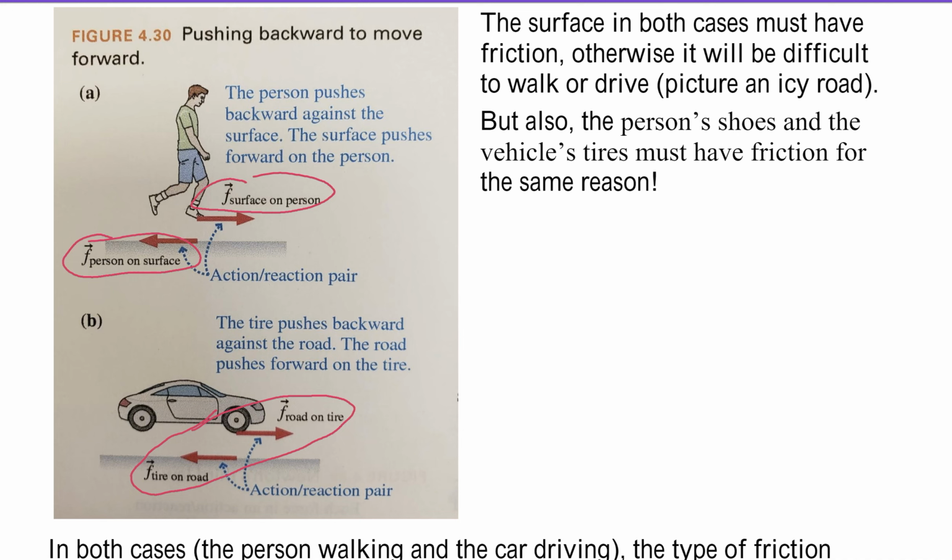So the surface, in both cases, must have friction. Otherwise, you're not going to walk or you're not going to drive. If you're on an icy road or on an icy surface and you try to walk forward, you slip, right? You're trying to propel yourself forward, but you can't do so very well because your feet are sliding out from underneath you as you try to walk forward.